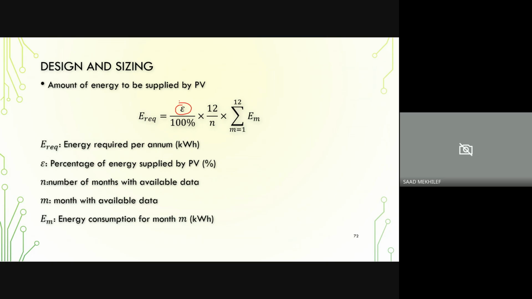You want 100%? 50%, 30%, 70%, whatever? N is the number of months with available data, here 12 months, M is the month with available data, and then the energy consumption for 1 month. So that's how we calculate.